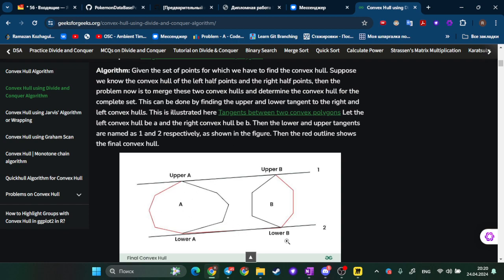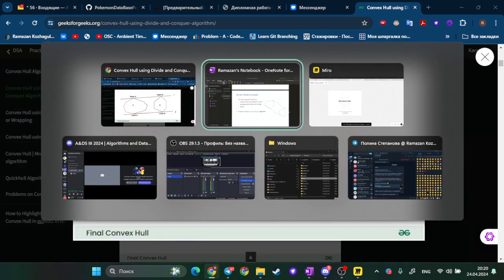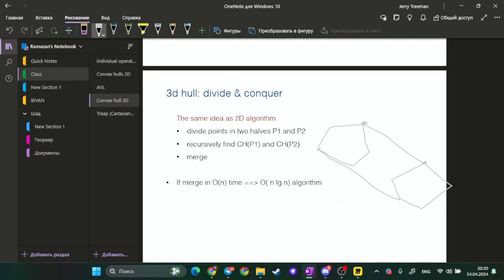So we found the common edge with the lowest and upper tangents of the left and right hulls, and then we provide some lines, and we need to delete all of the lines of this edge from our convex hull, and that's it. And this is just a step of our recursion.